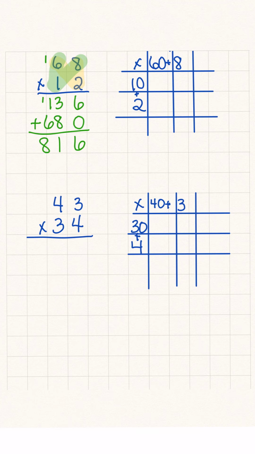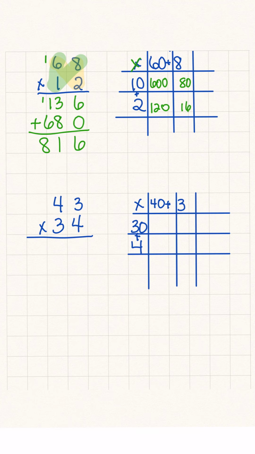8, 16. If we have it set up in our squares, 60 plus 8, so 68 times 10 plus 2 is 12. 60 times 10 is 600. 8 times 10 is 80. 60 times 2 is 120. 8 times 2 is 16.